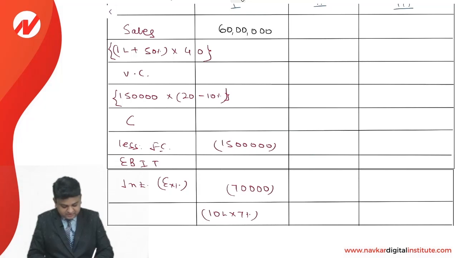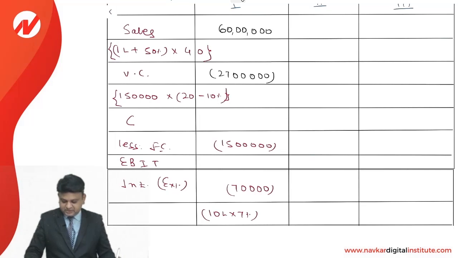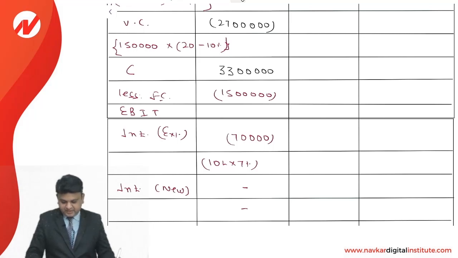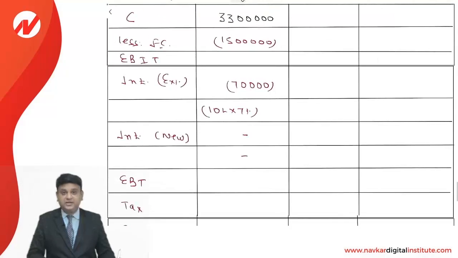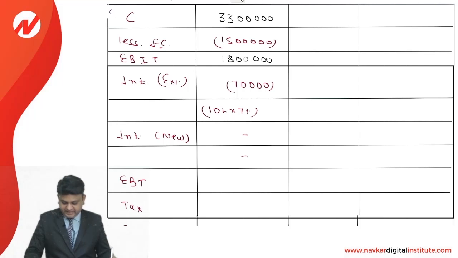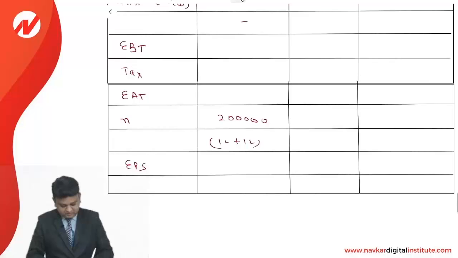That will give us 27 lakhs. 60 lakhs minus 27 lakhs is 33 lakhs. That is the contribution. Minus fixed cost 15 lakhs. That will give us operating income of 18 lakhs. Minus 70,000, that comes to 17 lakh 30,000.